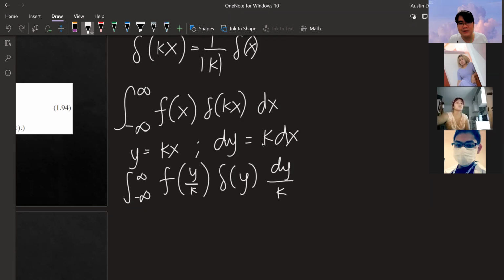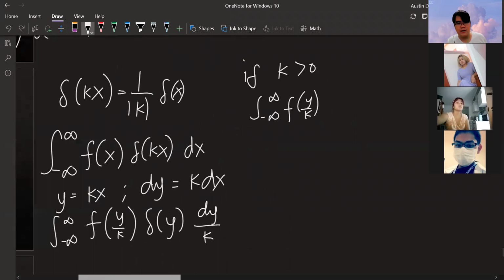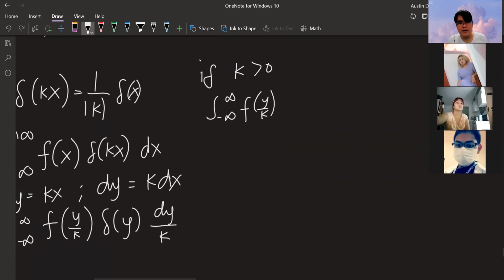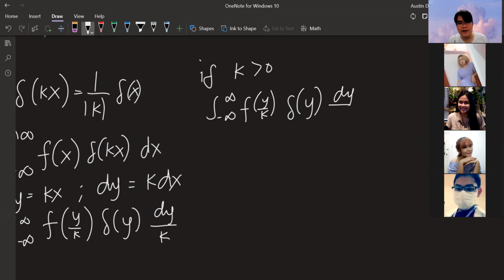Magpapalit ngayon yung integral bounds mo from negative infinity to infinity. Magsuswitch yan ngayon balik. Okay, let's note that for a while. If k greater than 0, we have something like this, the normal one, f of 1/k, the integral Dirac delta dy over k. Ay, kinopya ko lang.